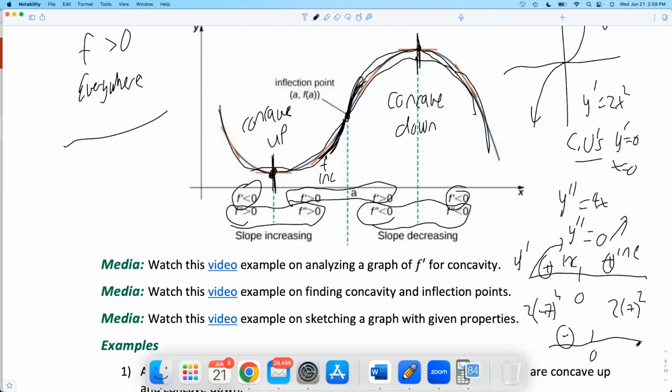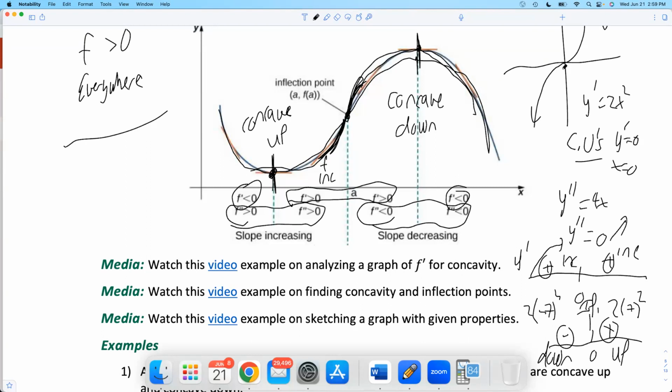Plug in any value over here, 12, 1, I don't care. Anything in this region, 6 times 1 is 6. That's a positive. Negative means concave down. Positive means concave up. So my function switched from concave down to concave up. That's why we have an inflection point at 0.